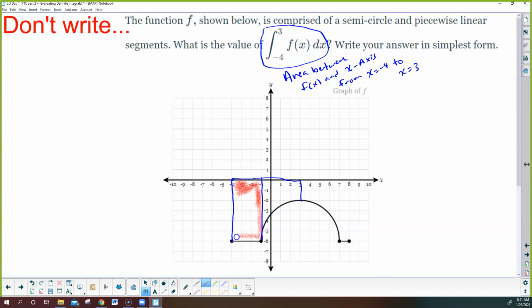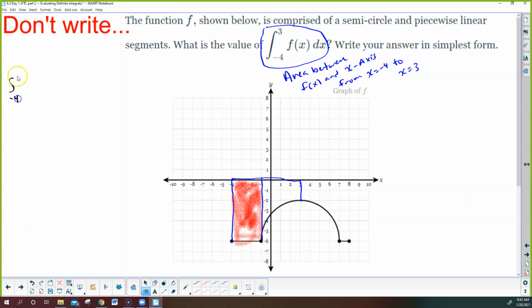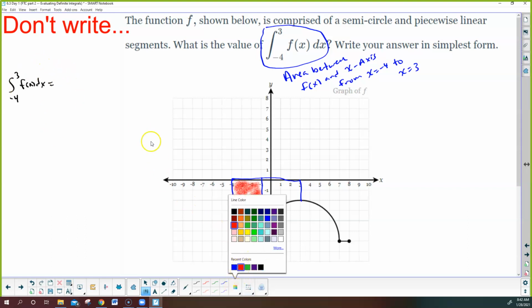Now, if you're given a graph like this, most of the time you should know automatically, is your answer positive or negative? And since we are completely underneath the x-axis, I know that this answer will be completely negative because this area is all negative. So watch how we set this up. If I'm going to find the area under the curve of the entire thing, we're going to break that down into the things that we know.